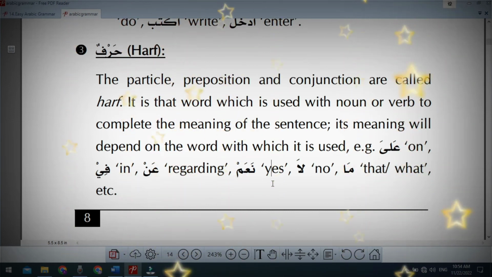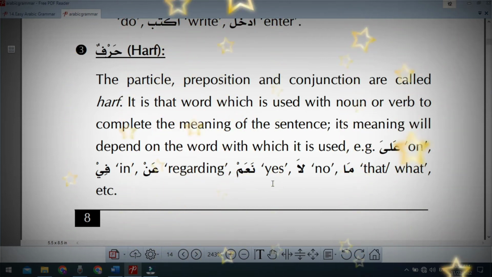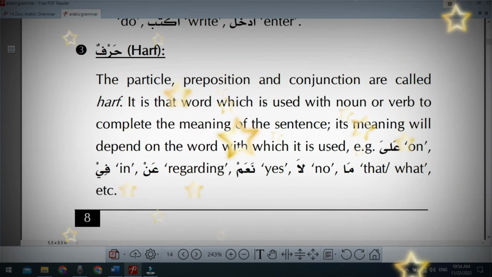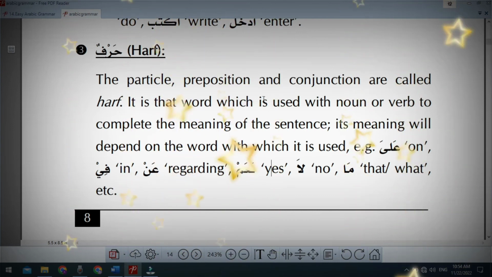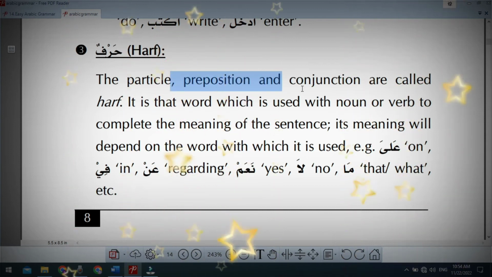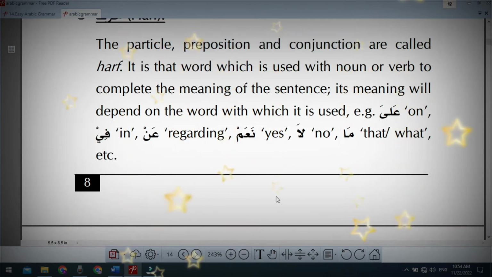If we explain this, we will say the harf is the particle. It is used as preposition or as conjunction. The particle which is used as preposition and conjunction in Arabic language is called harf.